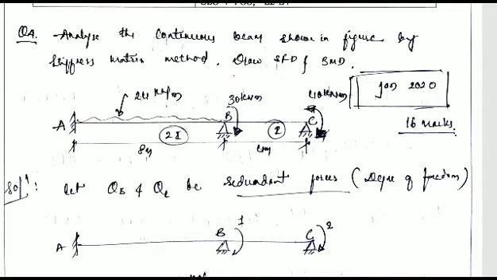Each joint will have a rotation, so the rotations are the unknowns here. A, B, C are three joints and three rotations. Since A is a fixed end, obviously there will be no rotation. We are left with B and C, which have rotations. So the degree of kinematic indeterminacy is 2, that is the rotation at B and the rotation at C.